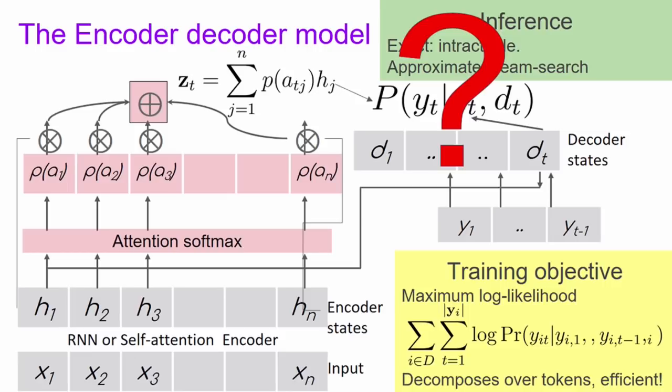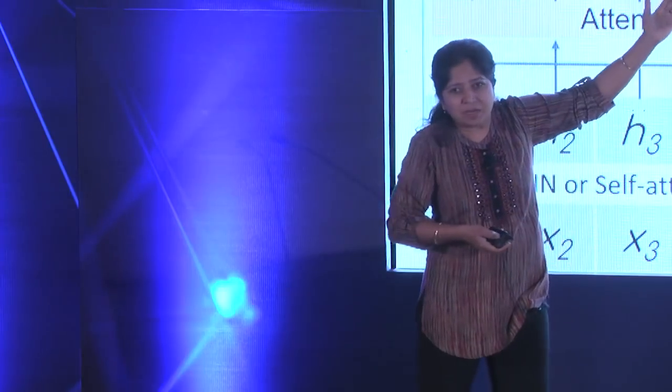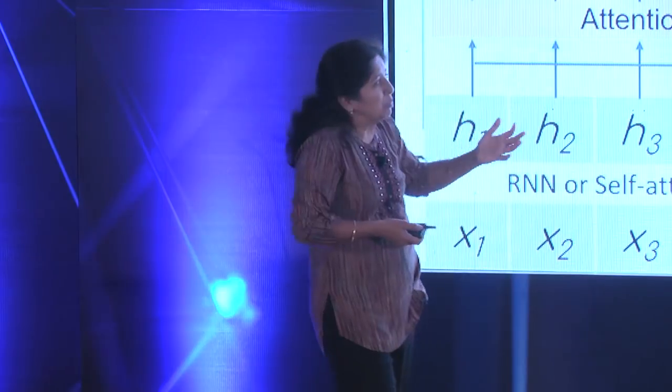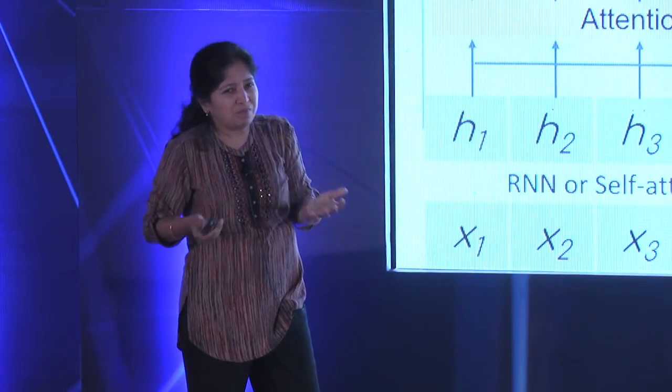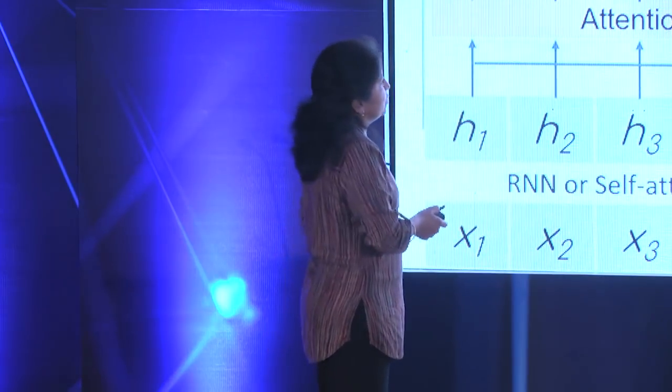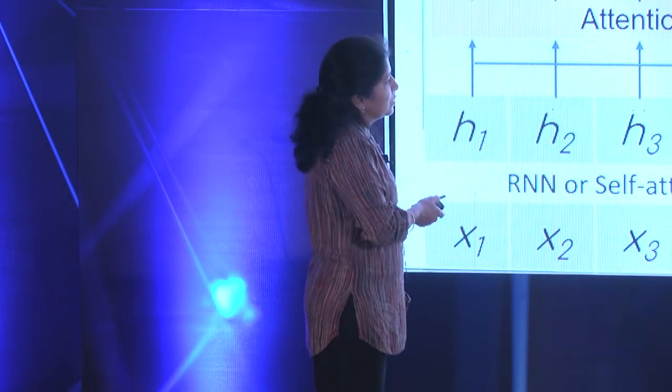Inference depends on beam search, which is like a top K version of the greedy algorithm for finding the sequence which has the highest probability. Is it sound? Is it the best we could do? Could we do better? So that is our focus for the next half of the talk.